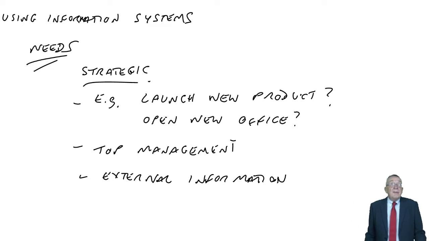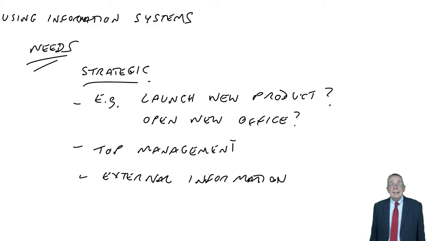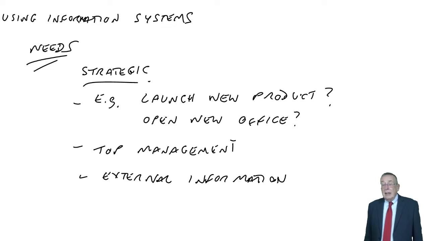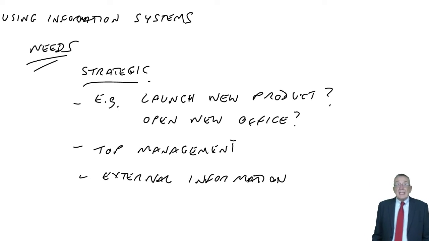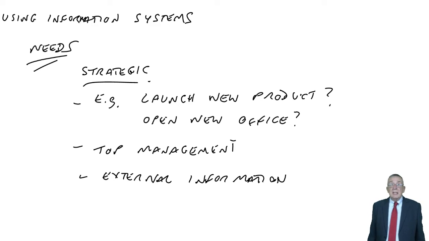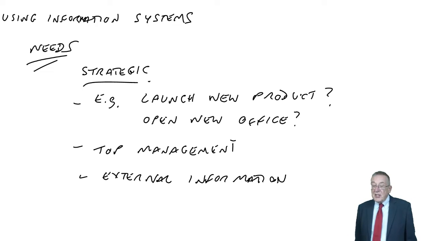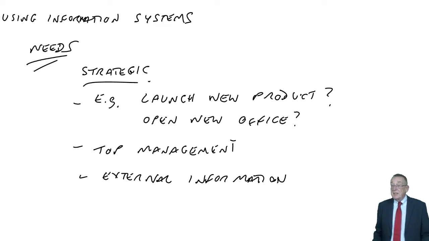Is there any competition? If there is, what sort of prices are these other companies charging? A lot of the information we'll need will be external. What's the demand likely to be for the new product? Maybe we have to have research done. But it's very much top management, long-term decisions, external information.